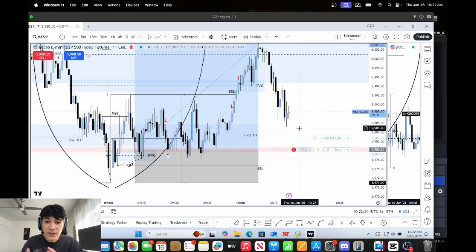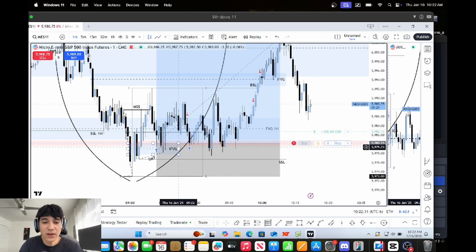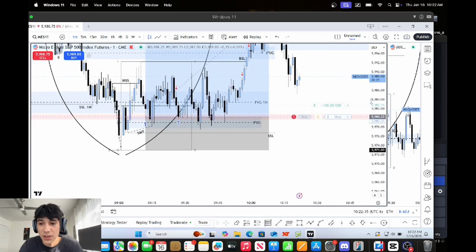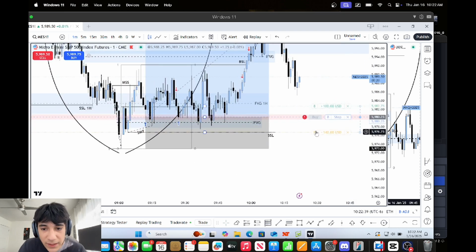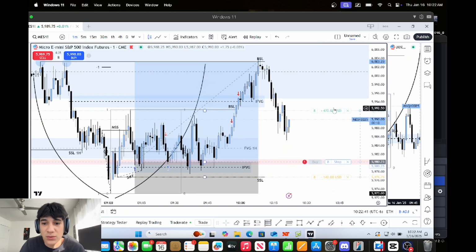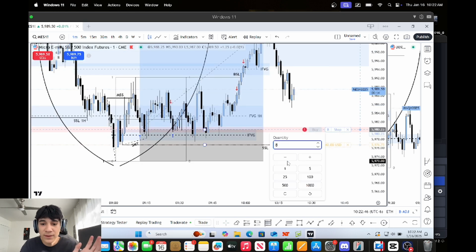I'm confident in this trade, but I am not confident enough to put as much as I was originally willing to put. So what I did is right after I re-entered back on this inverse fair value gap and put my stop loss right here, it looked like this, and then I was just literally praying to God and holding.